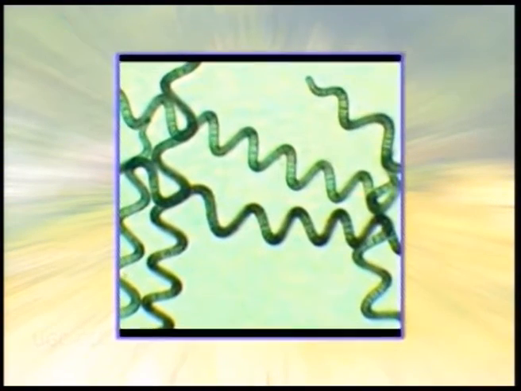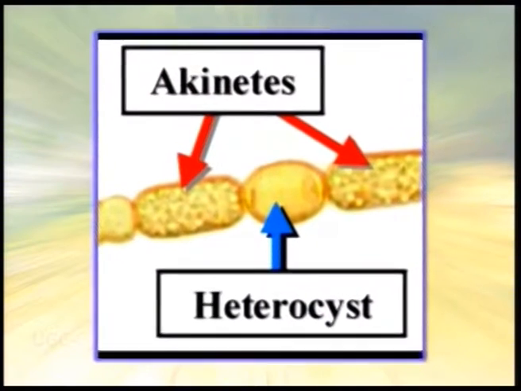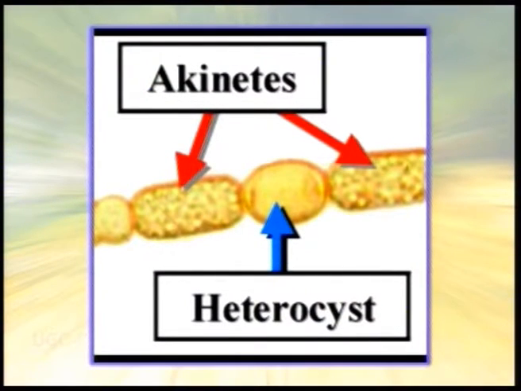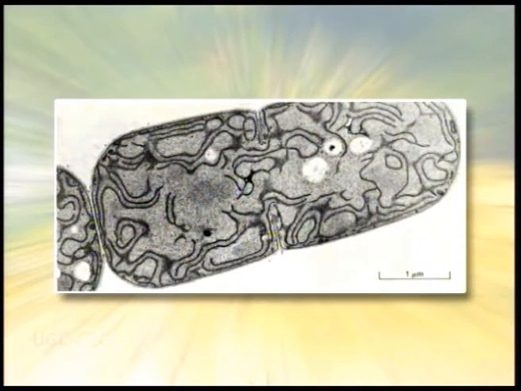Hormogonia, let me tell you here in a little detail, are short pieces of trichomes found in filaments. They detach from the parent filament and then glide away to develop into a new individual later on. Akinetes are special thick-walled structures, or what we sometimes call resting spores, whose primary function is to resist unfavorable environmental conditions.